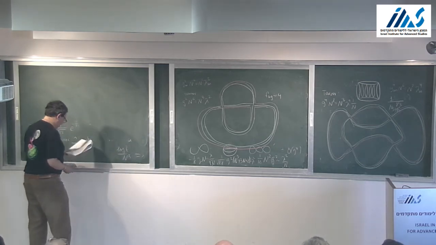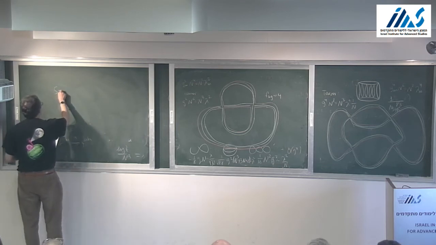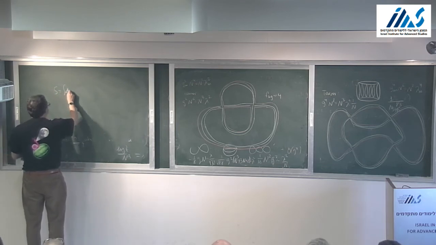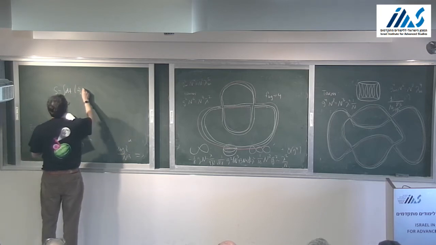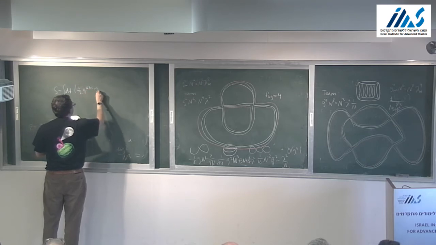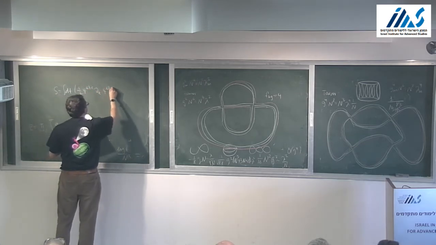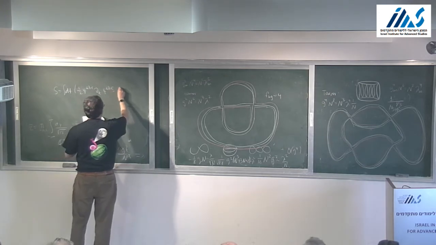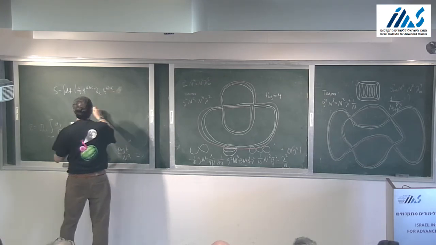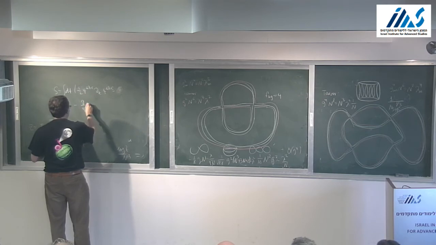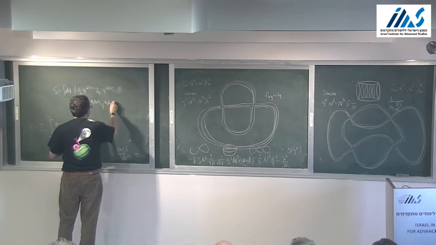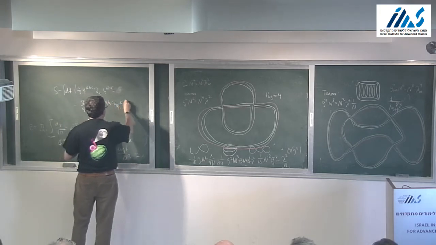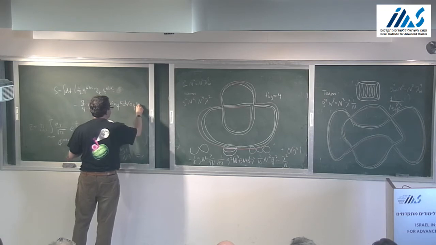You just say S is the integral dt of i over 2 psi ABC d by dt psi ABC. And then here you add minus g over 4, psi 1 b1 c1, psi a1 b2 c2, psi a2 b1 c2, psi a2 b2 c1, right?